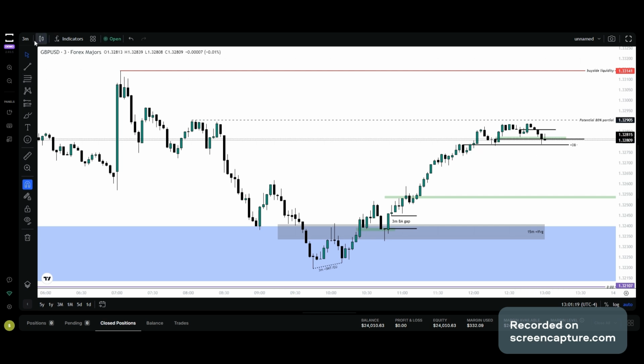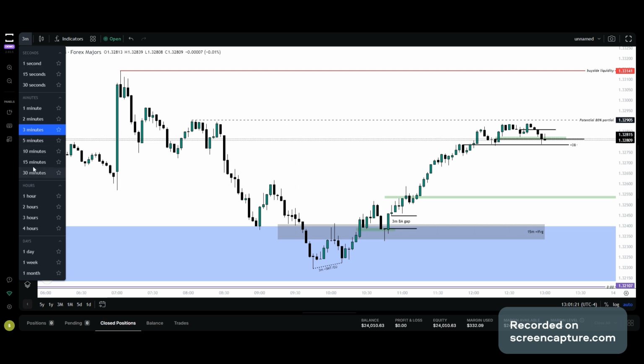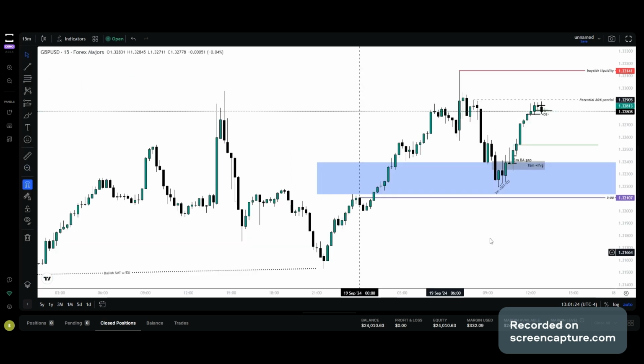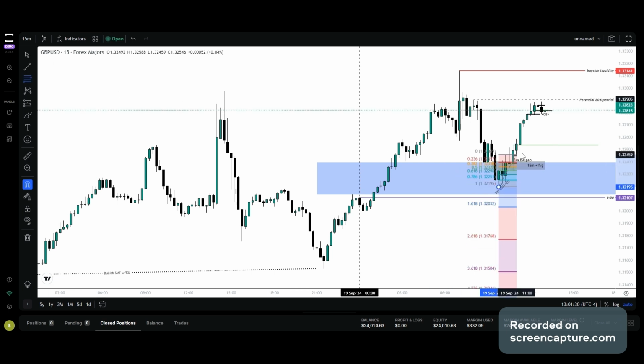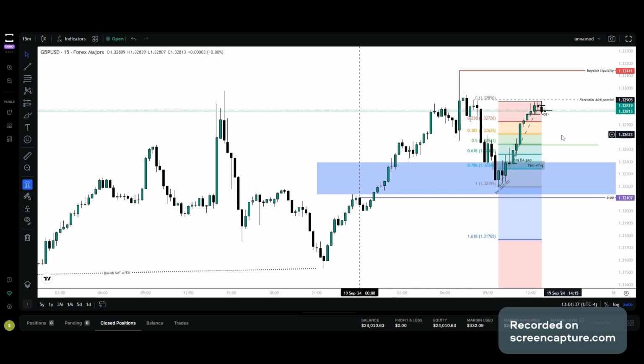So if we go to the 15-minute time frame though, I'm still analyzing this thing, even though it's over. That's how you know I like to read price action.